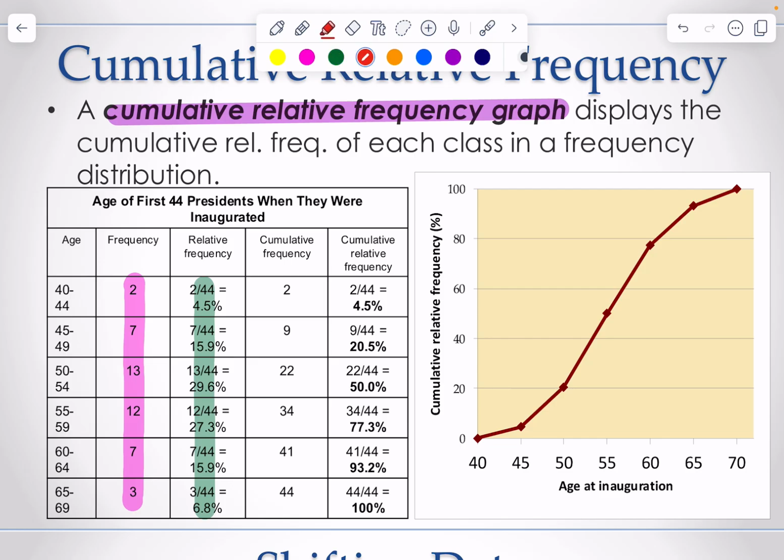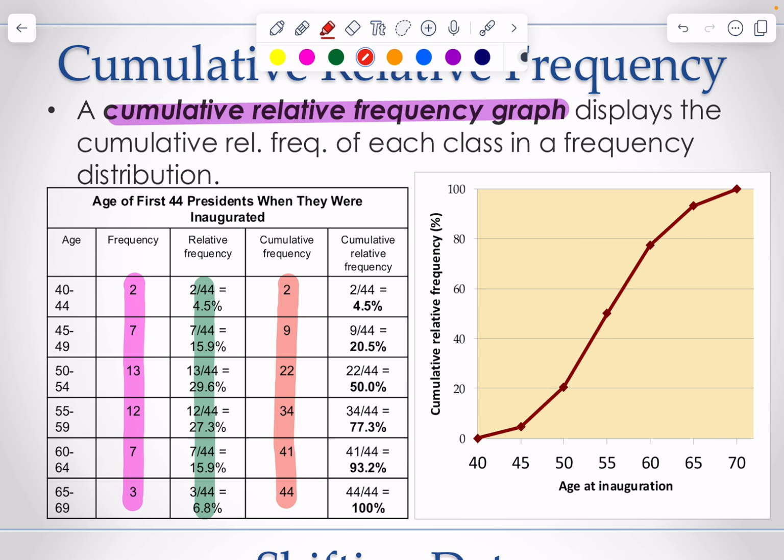Now, cumulative frequency, that's what this third column here is. Like we said, we're looking at a running total. As I go from one class to the next, I'm looking at how many total individuals I've encountered to that point. Within my first class of 40 to 44 years of age, 2 of the presidents had been inaugurated by that point.